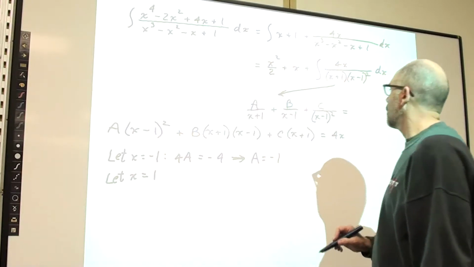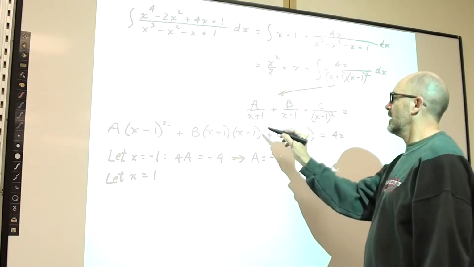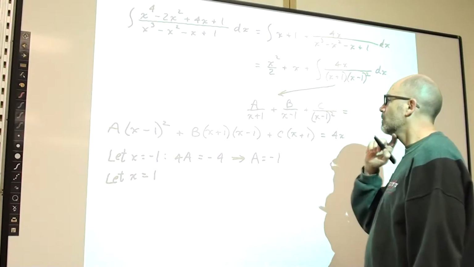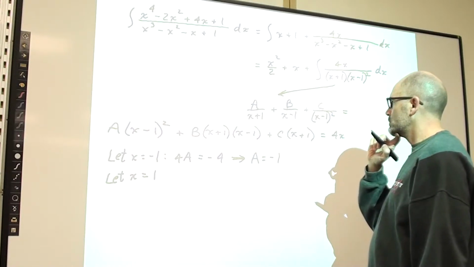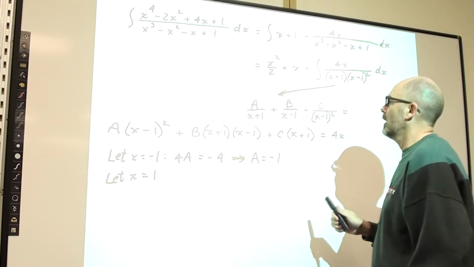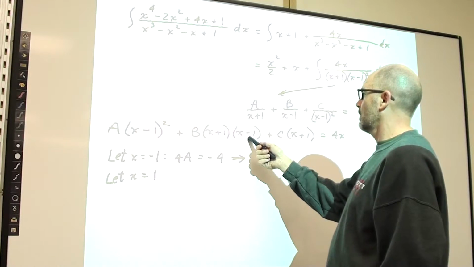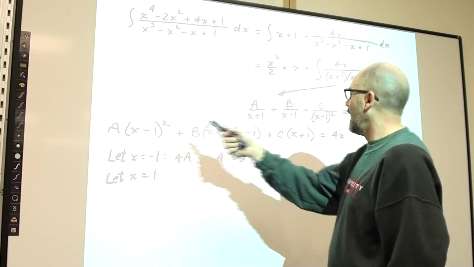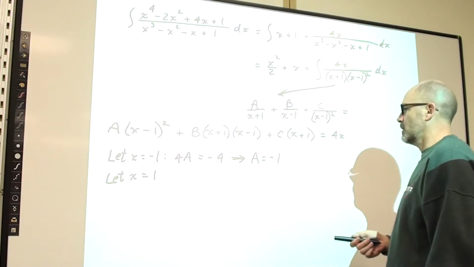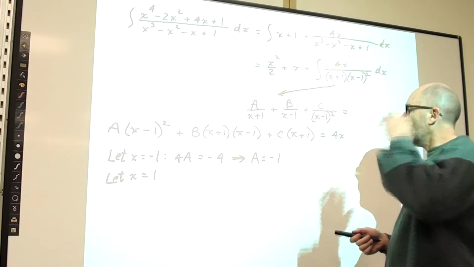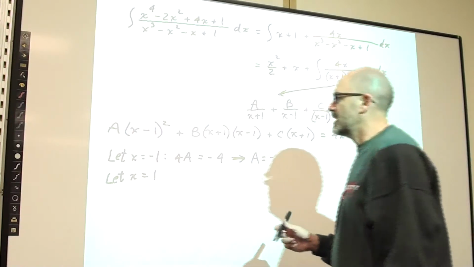Now if we let x equal 1, then that means B drops out, but A and C are both in it. Okay, so we actually have to do a new technique.